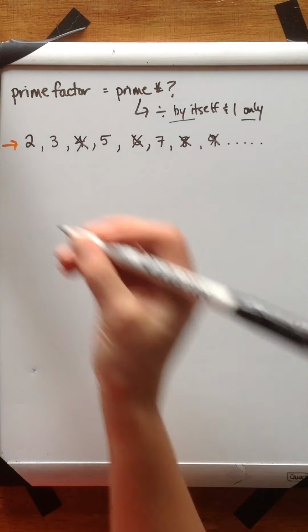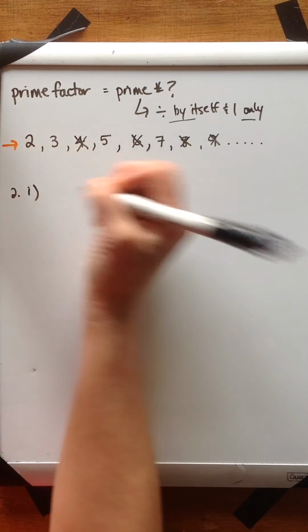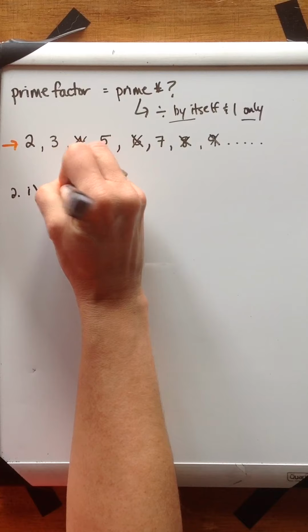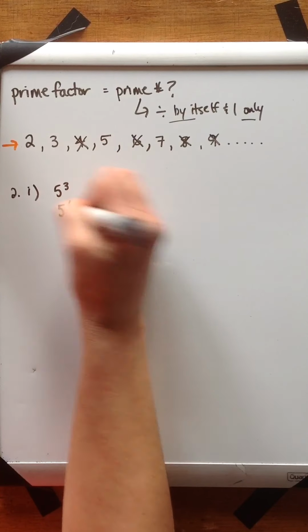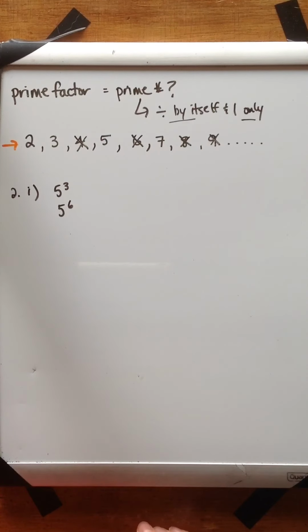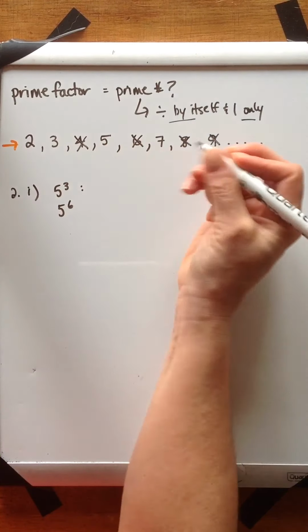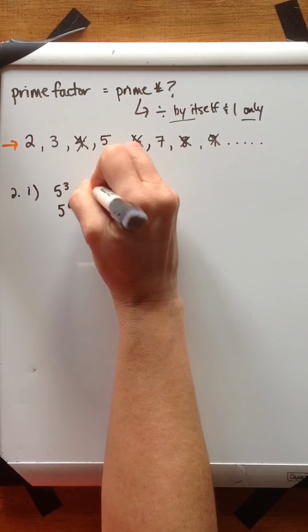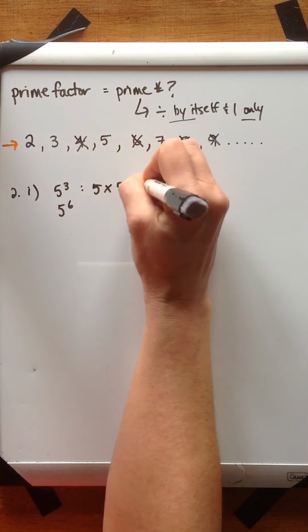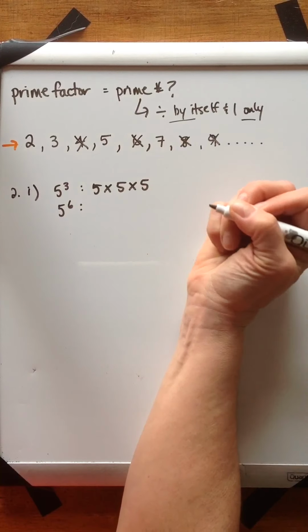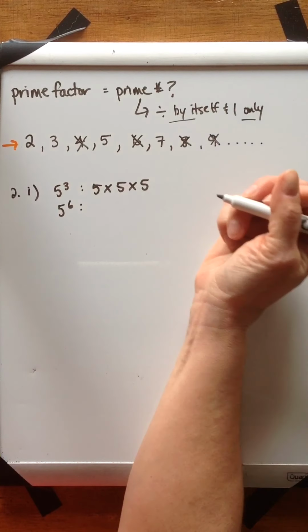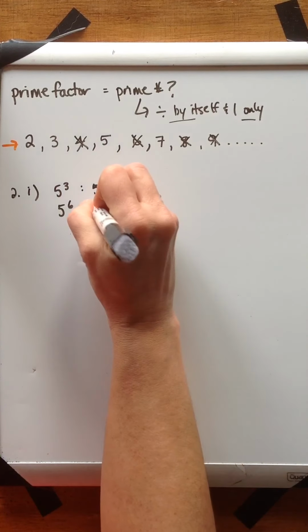So let's find the greatest common factor this time in 5 to the 3rd and 5 to the 6th. You might go, wow, I don't really want to draw a tree for that. Well, you really don't have to. Because when we think of 5 to the 3rd, 5 to the 3rd means 5 times 5 times 5. Exponents are just simply ways of showing repeated multiplication in a simplified fashion.